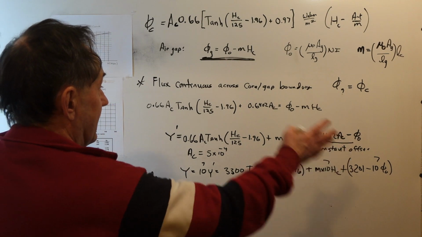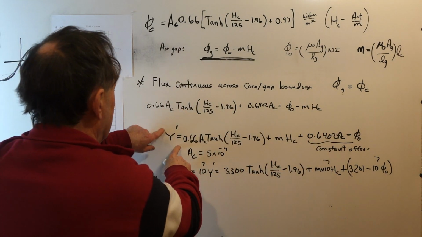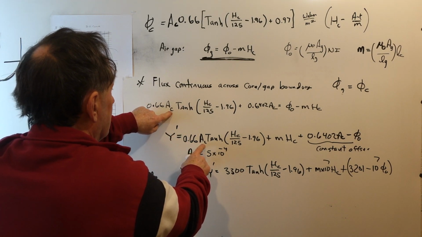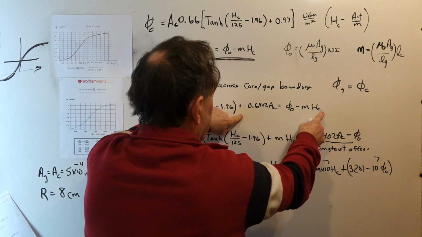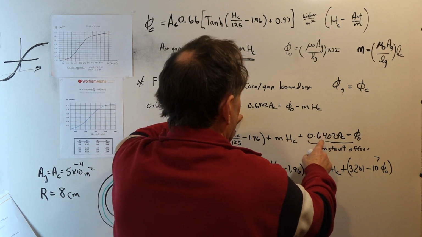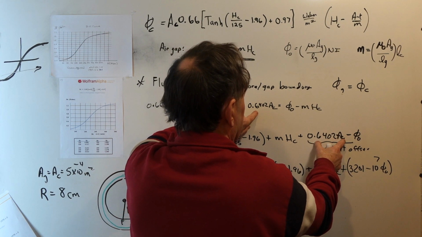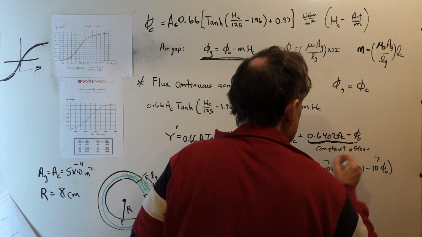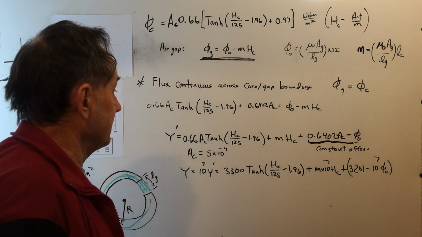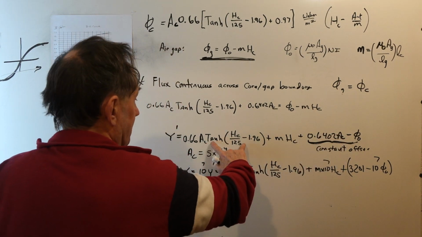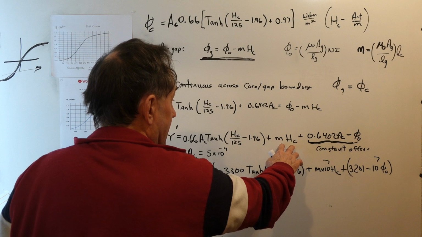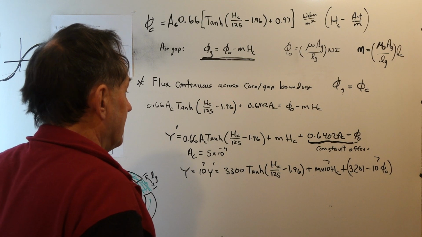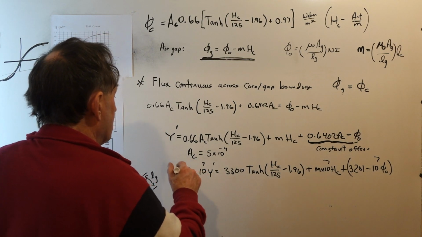Putting everything on one side, moving everything over to the left-hand side, I define a variable y prime is 0.066 area of the core times the hyperbolic tangent plus m Hc plus 0.6402 area in the core minus flux equals 0. Now, this is just a constant. That's an offset. That does not involve Hc. So we have a hyperbolic tangent function involving Hc, and we have a linear term involving Hc.